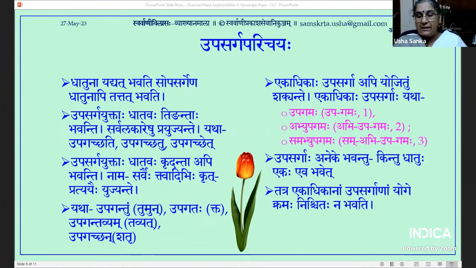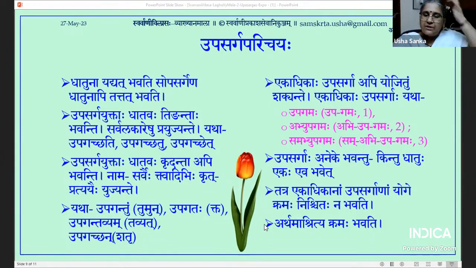Vi abhi is different from abhi vi. Nyabhi is different from abhi ni. We have both. So the krama will decide the meaning of the whole upasarga dhatu complex. Okay, so artham ashritya kramaha bhavati. And when we want to do the prayoga of the upasargas, we arrange them in the order of what we want to say. That is another thing.